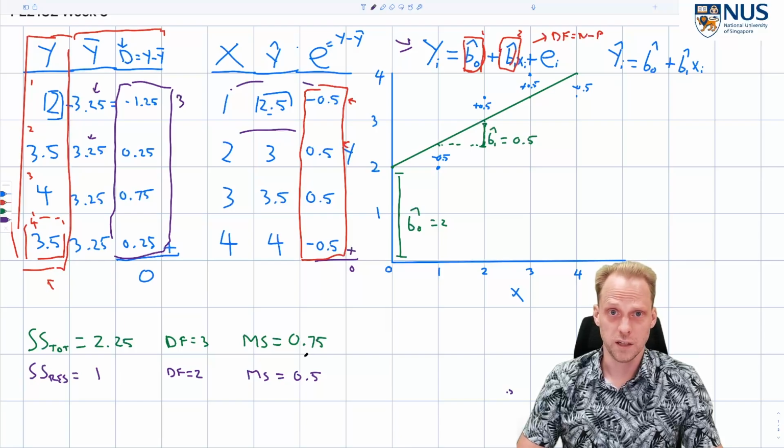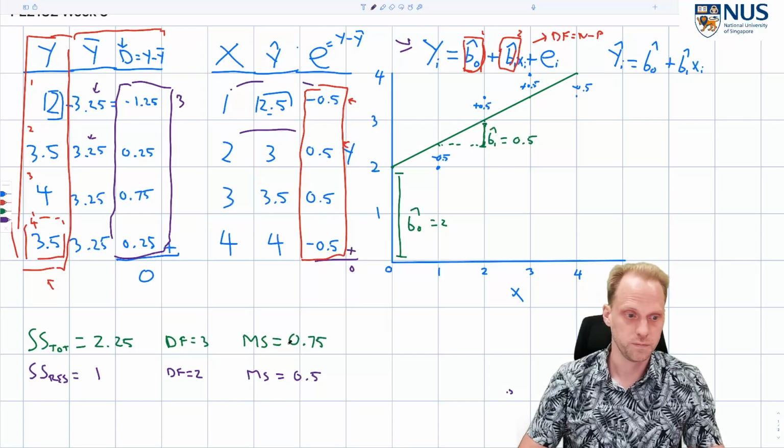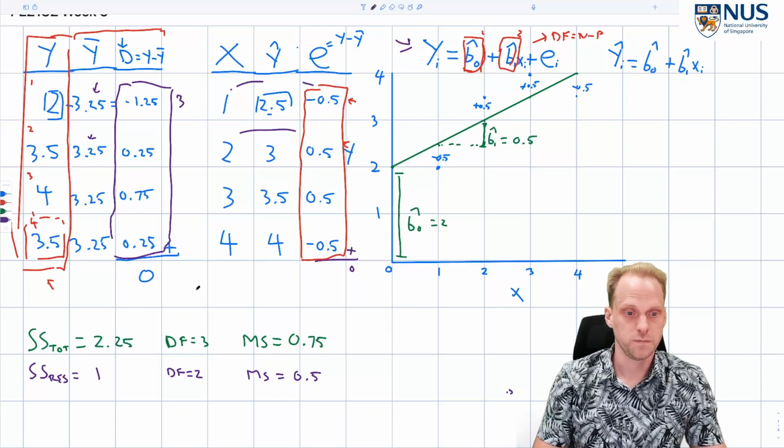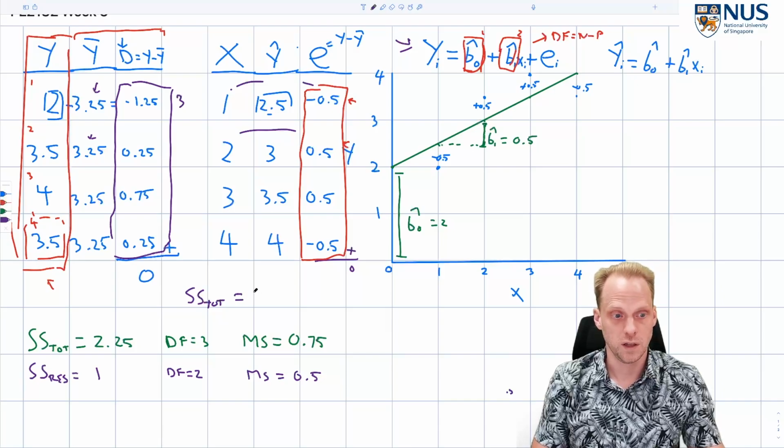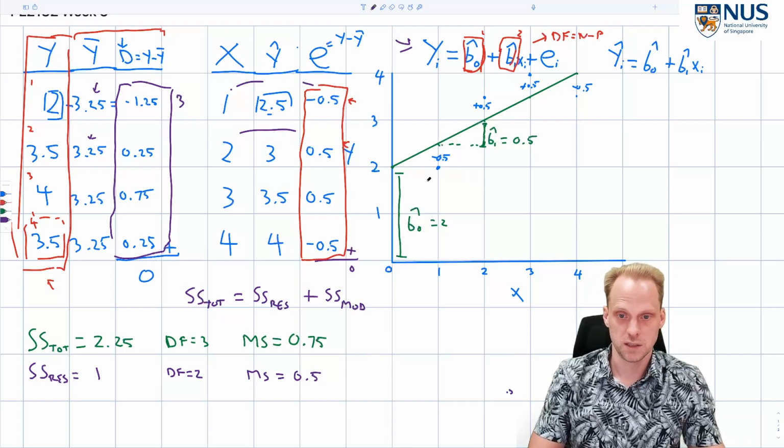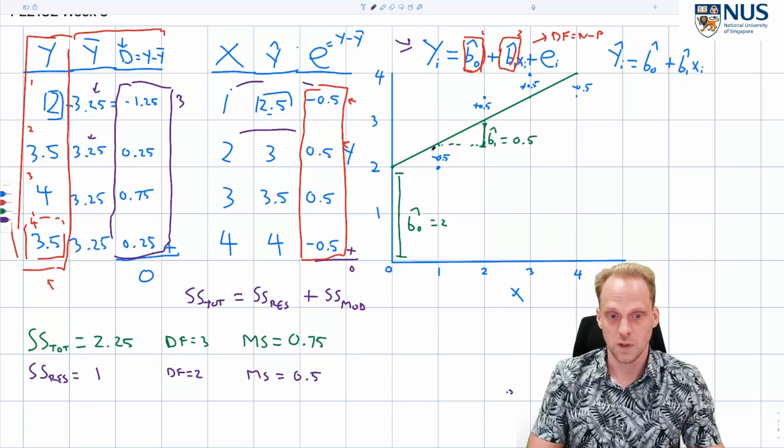Now what we're actually interested in is seeing how much of the variance is explained by the model. And we know that the total sum of squares equals the residual sums of squares plus the sums of squares explained by the model, which you could also see as the distances from the mean, which I didn't draw here, to this line.